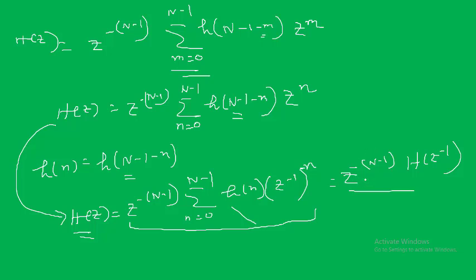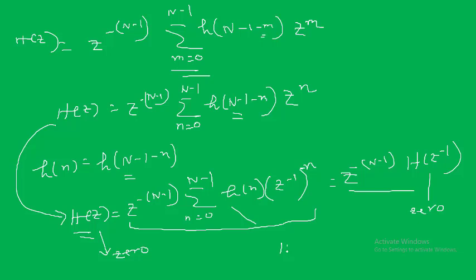So here we can see that the zeros of h of z and the zeros of h of z inverse have a relation, and the zeros of h of z are also the zeros of h of z inverse and some additional zeros. So this is what we can conclude from this particular equation.